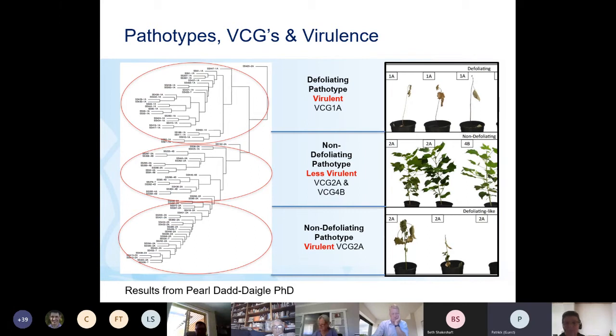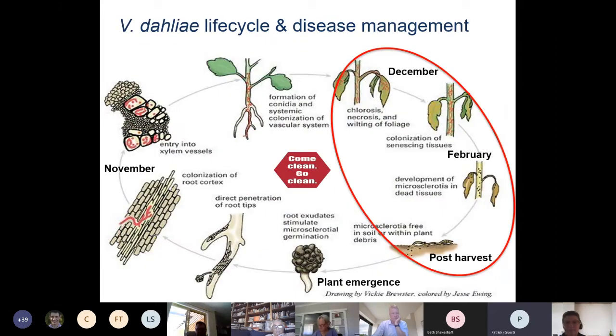I don't really need to go through the life cycle because Linda has already done that. However, what I would like to point out is when we're looking at the disease management, when I was looking at conducting the field trials for X, it was concentrating on this section here where microsclerotia are actually formed in the dying and dead tissue.